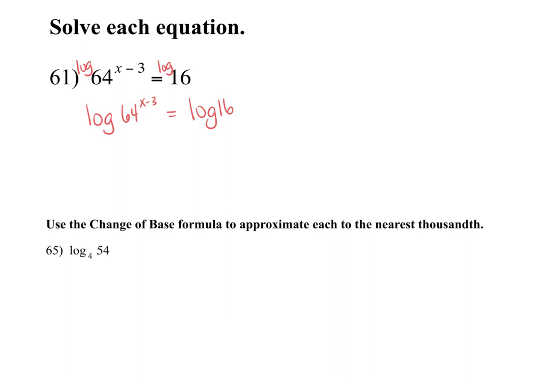Expansion will let me move that in front. So I'm going to expand it and move this in front, getting it out of the exponent. So I have x minus 3 times log 64 equals log 16. I'm trying to solve for x, so I can divide by the log 64 to get it out of the way.